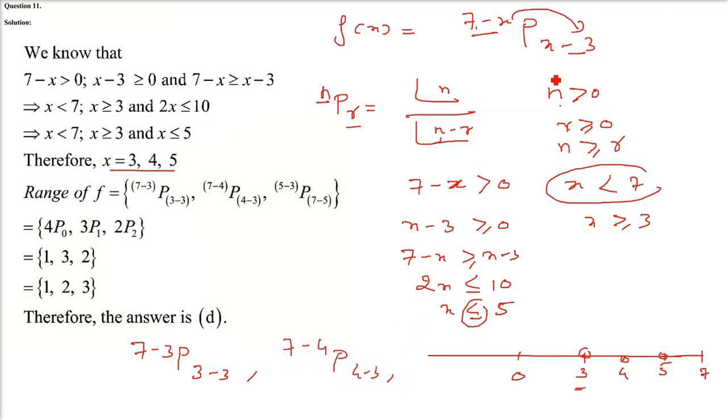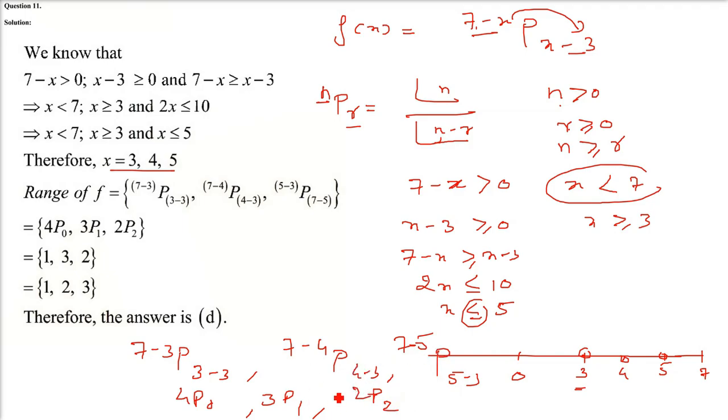So 7 minus 5 P 5 minus 3. In place of x, I am putting 3, 4 and 5. So these are the three possible values. What do you get here? 4P0. Here you get 3P1. Here you get 2P2.